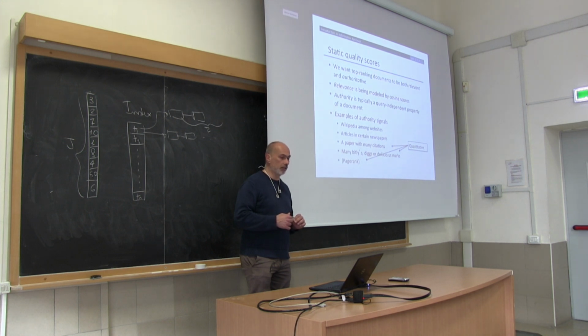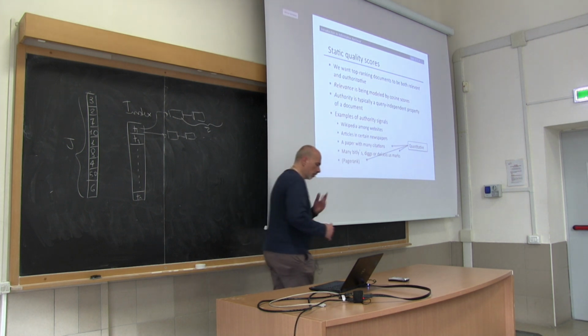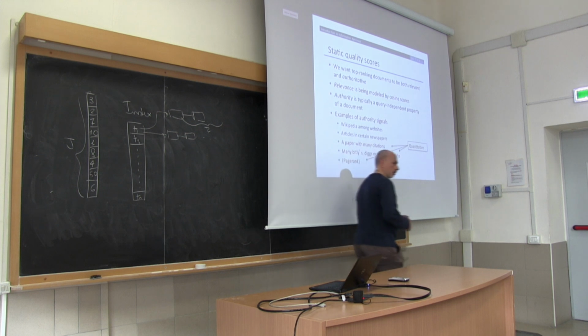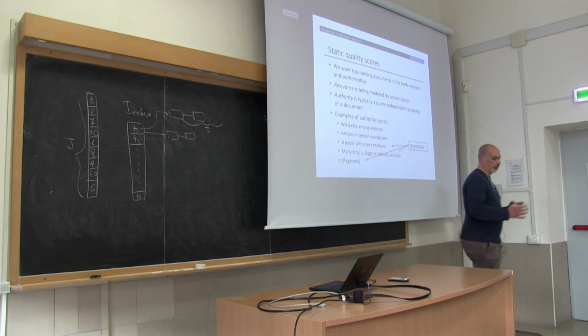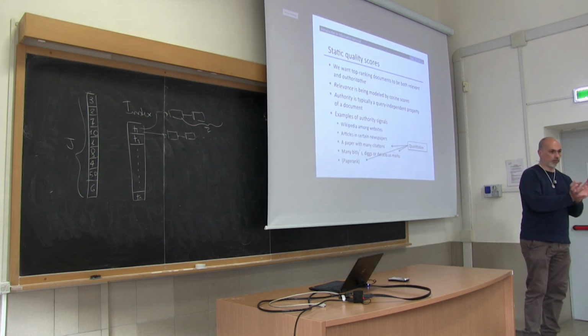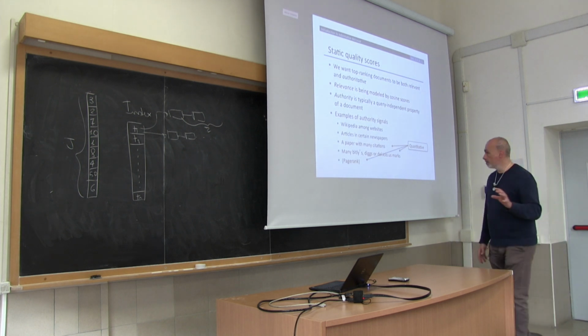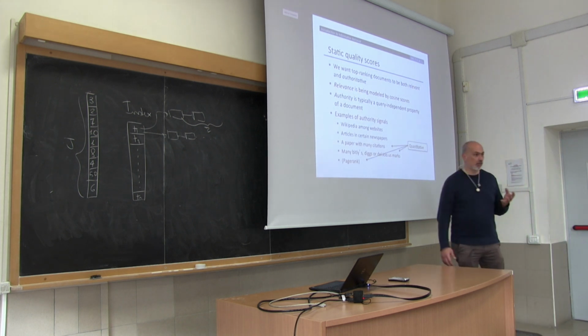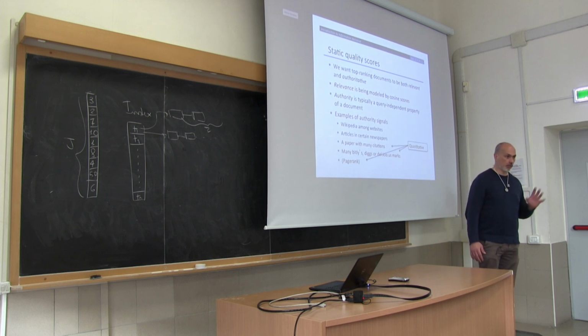As I was telling you at the onset of this lecture, very often the score of a document for a given query is a combination of two elements. One depends on the contents of the document with respect to the query, and that is something you compute at query time. There is no other way.